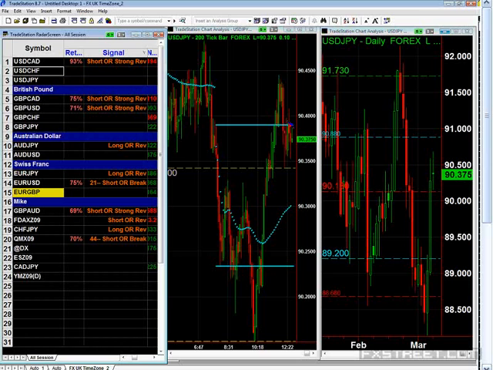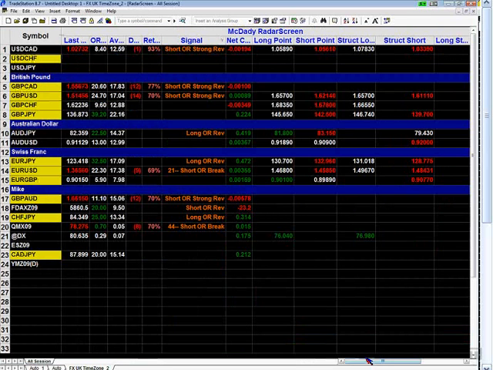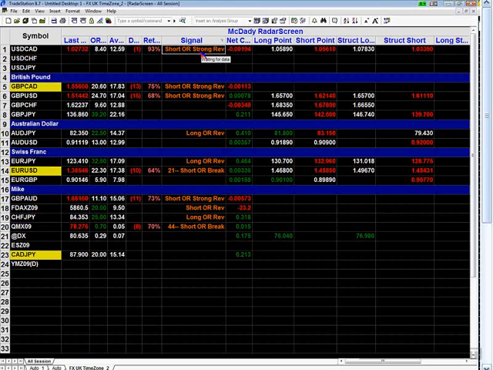So looking at the market, what we're going to do is choose from what happened in some of the currencies that we're going to trade. The first thing I want to look at is which currencies have given me what we call a reversal in the prior session.